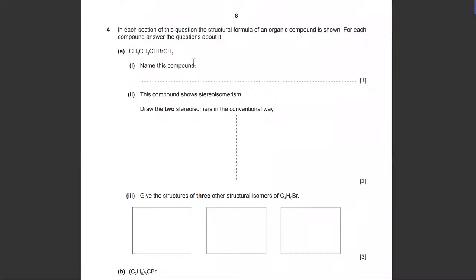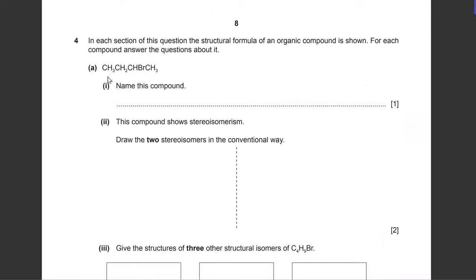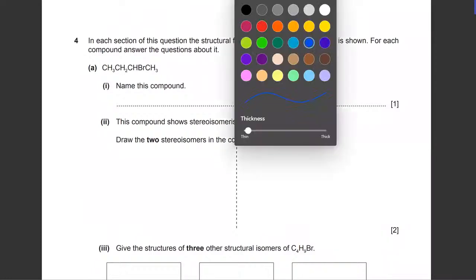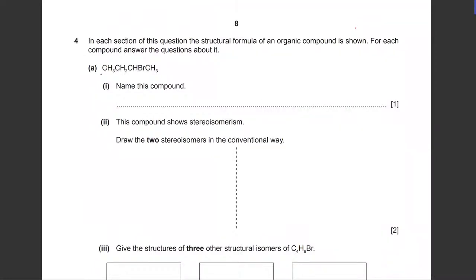We'll name this compound. If you want to name this compound, that's easy. How many carbon atoms are there? It's 1, 2, 3, 4. So but-. And does this have double bonds? I don't think it has double bonds. So it's butane, and there's a bromine attached on the second carbon.